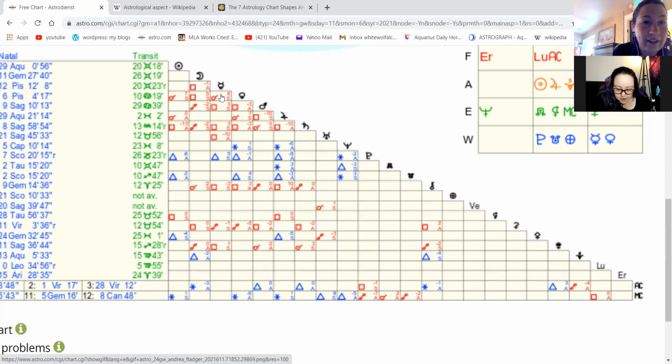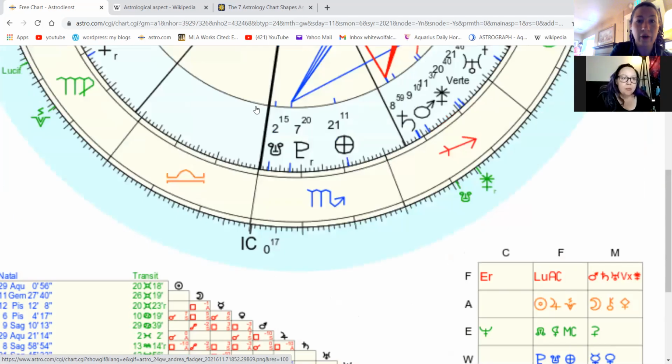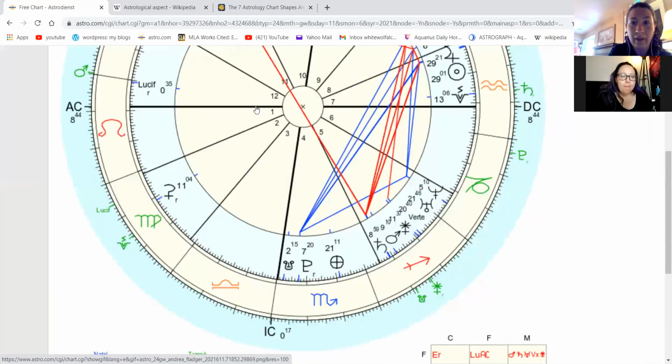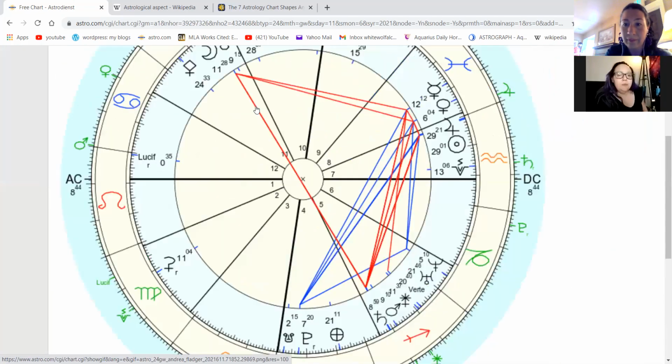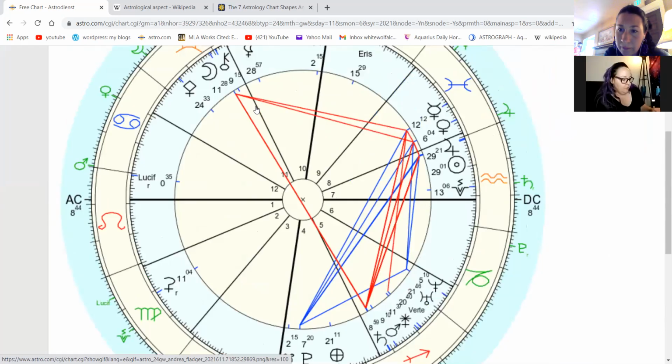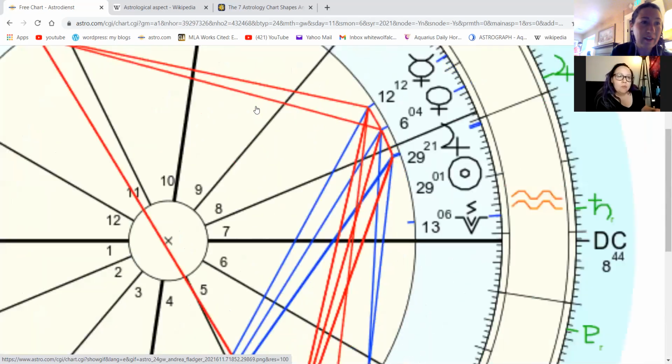If we look at Sun conjunct Venus and you go up to your chart, see how it's 7 degrees? They're still calling it a conjunction in this program. Your Sun's at 29 degrees Aquarius, and your Venus is way over here at 6 degrees. So technically it's 7 degrees apart.